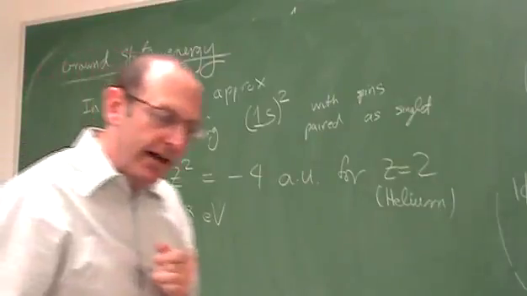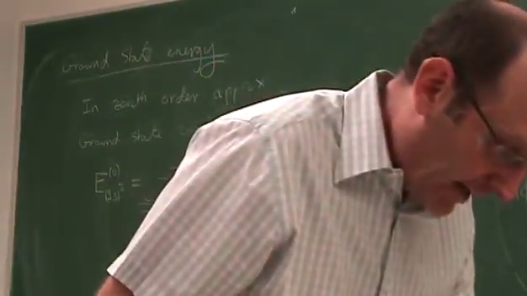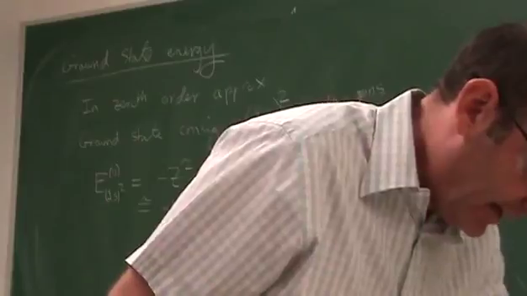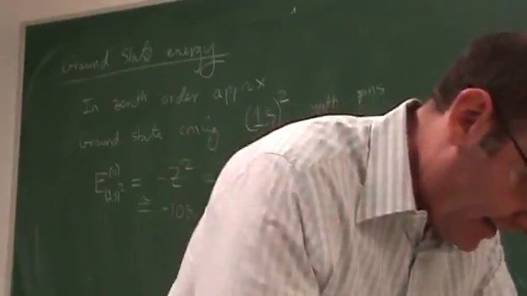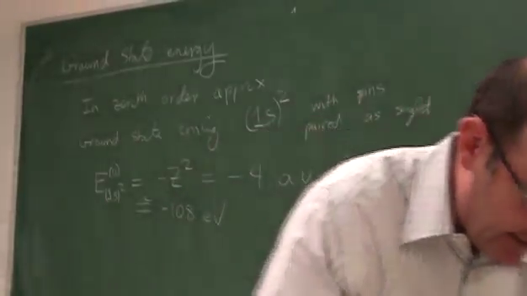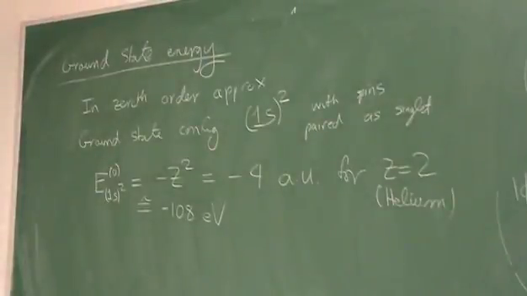The actual binding energy for both electrons being removed is, what is it, 70 something. Sorry, got all these different notes here.